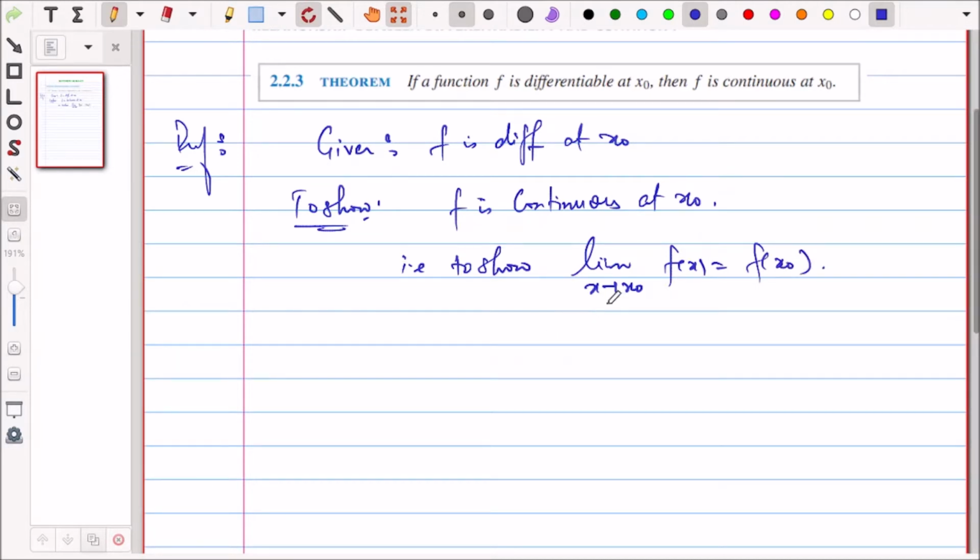So we should start with the limit, and then somehow we will use differentiability to bring this result. We'll do some manipulation.